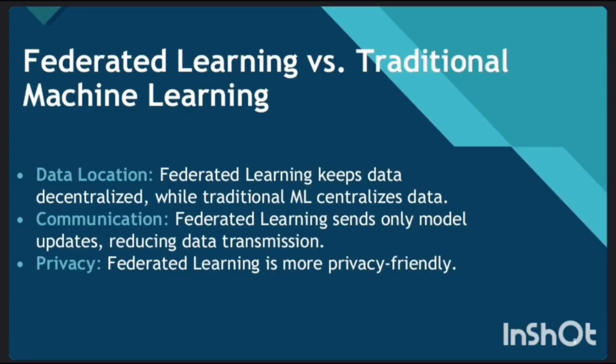Traditional machine learning requires frequent data transfers to keep the central server updated. Federated learning, however, only sends model updates, small changes in the model, back to the central server. This greatly reduces the amount of data transmission and further protects user privacy, making federated learning a more privacy-friendly solution overall.